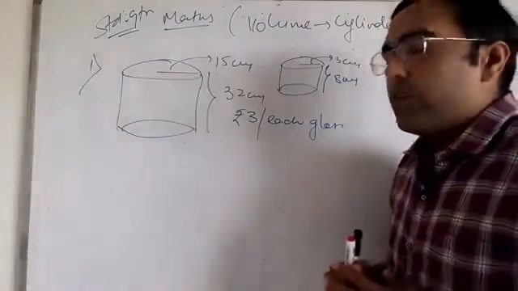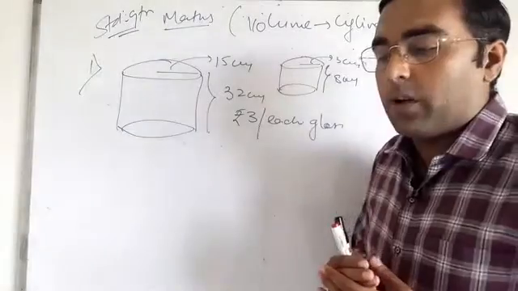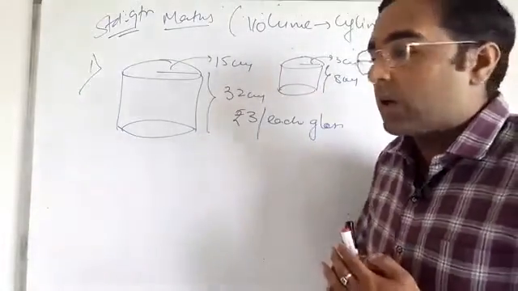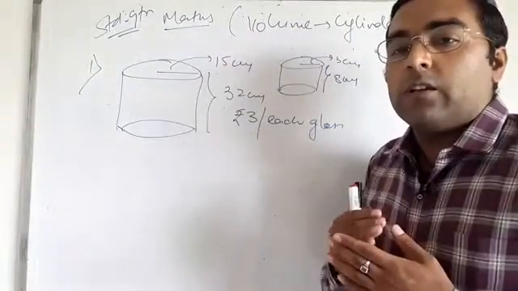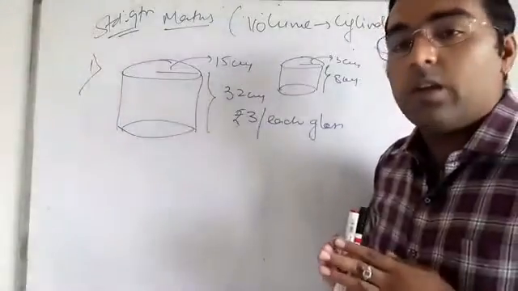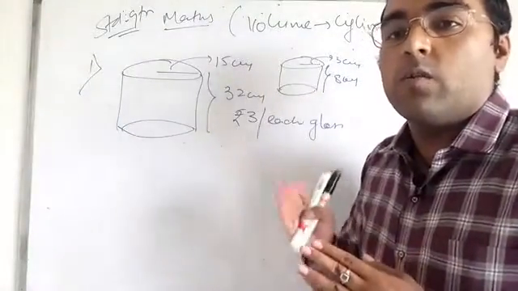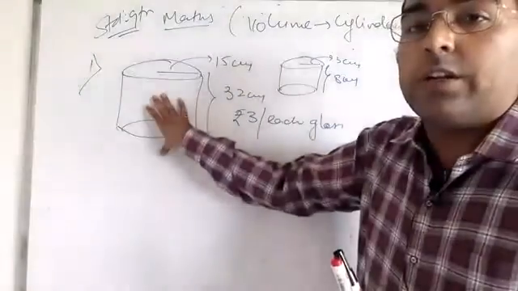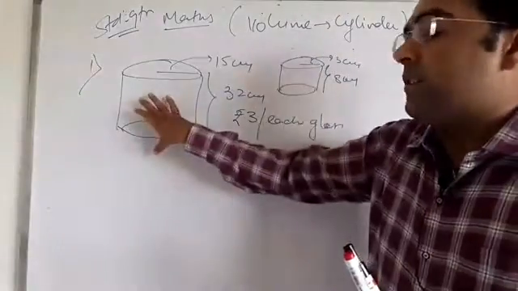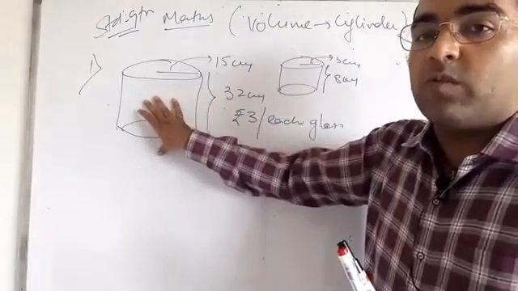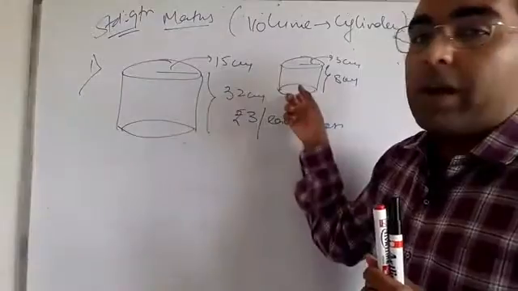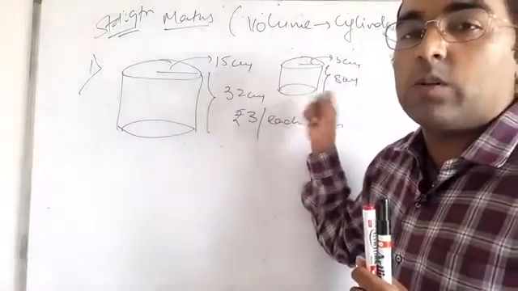Students, whenever you have to find the number of glasses, number of tiles, number of bricks, or any kind of that, you must know the formula: the surface area or volume of the bigger quantity divided by the surface area or volume of the smaller quantity.